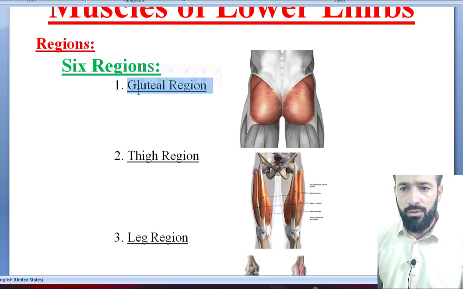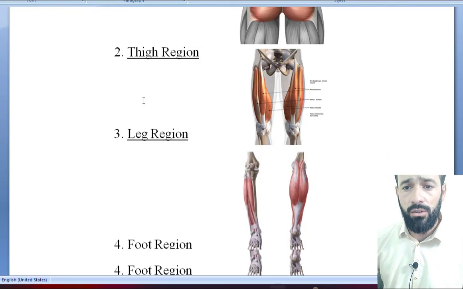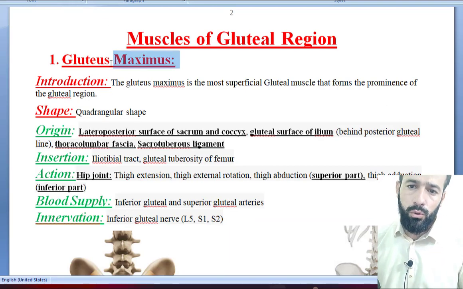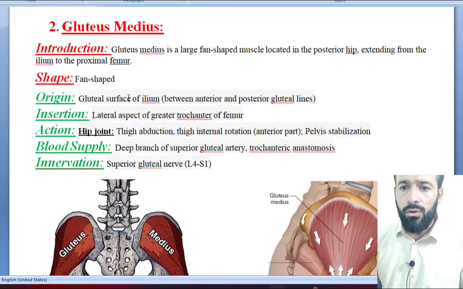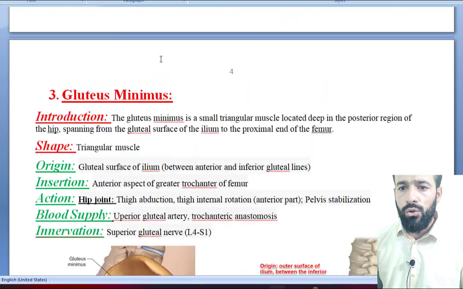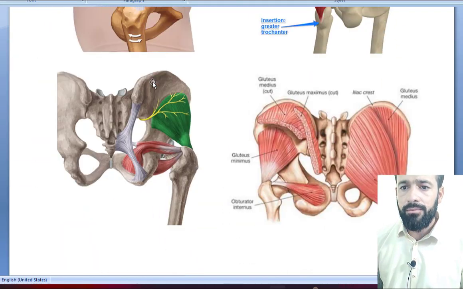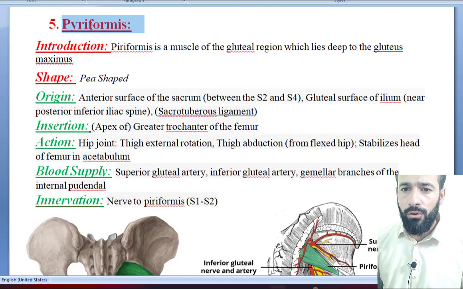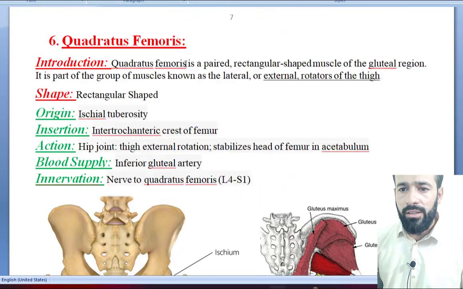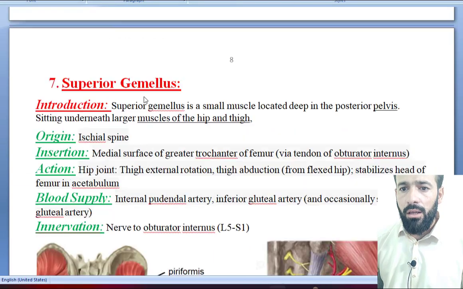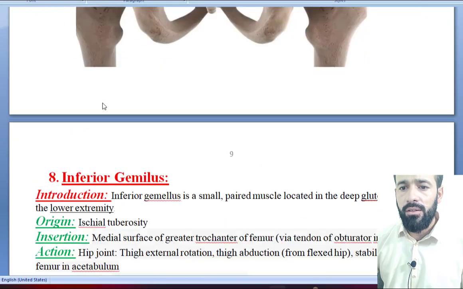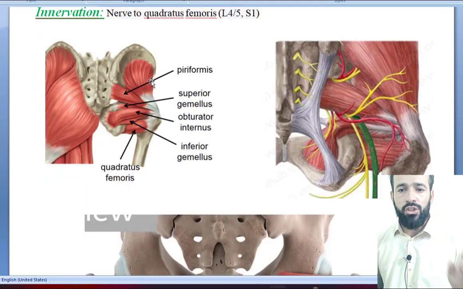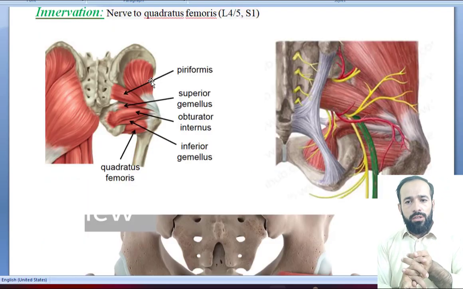So the first muscles which we discussed were the gluteal muscles, and these were, let's repeat, gluteus maximus, gluteus medius, gluteus minimus, obturator internus, piriformis, quadratus femoris muscle, superior gemellus and inferior gemellus. So these were the muscles which are present in your gluteal region.